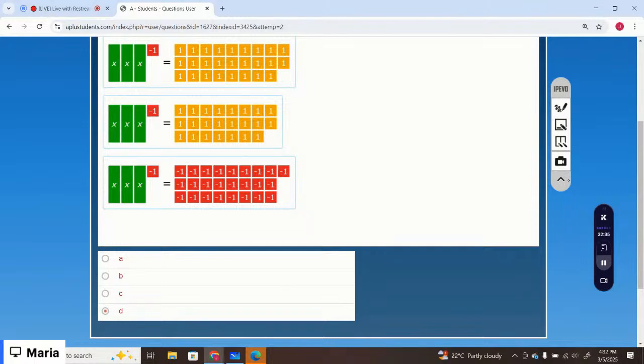Here you have 1, 2, 3, x minus 1, and on the left hand side we have tiles that represent the negative numbers.